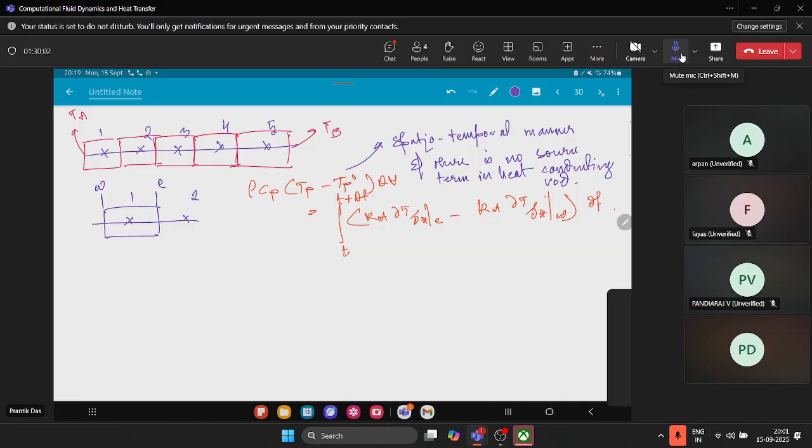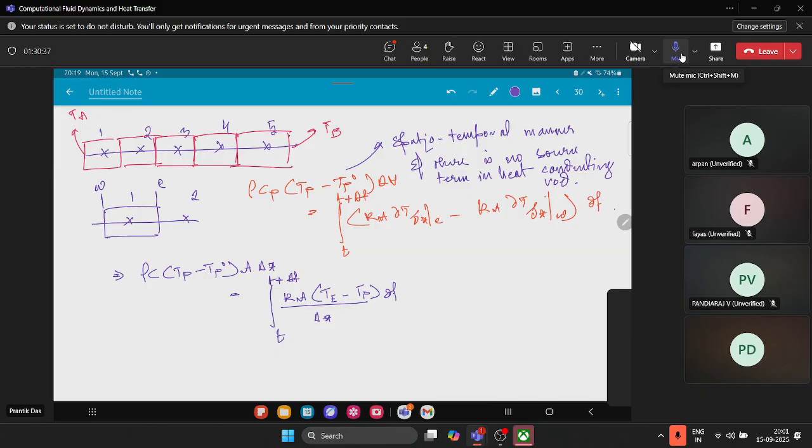And then going to the problem itself. So this becomes rho C (Tp minus Tp naught) A delta x equals the integral from t to t plus delta t of K (TE minus Tp) A over delta x, dt.